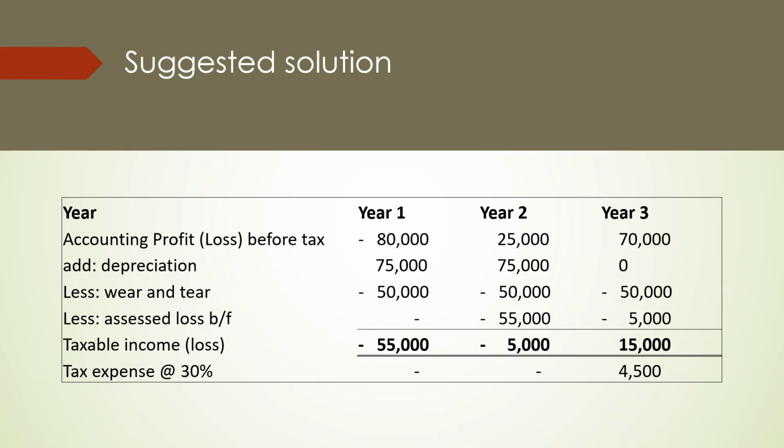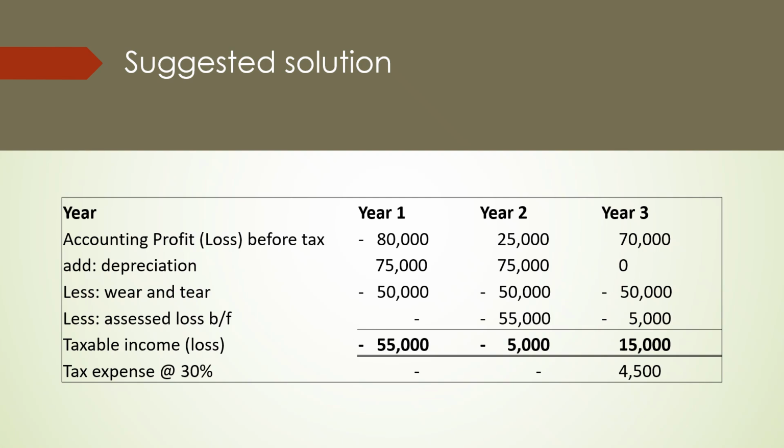To calculate taxable income in year 3, we start with our accounting profit before tax of 70,000. Our vehicle is fully depreciated, so there is no depreciation. However, we deduct the wear and tear allowance of 50,000.